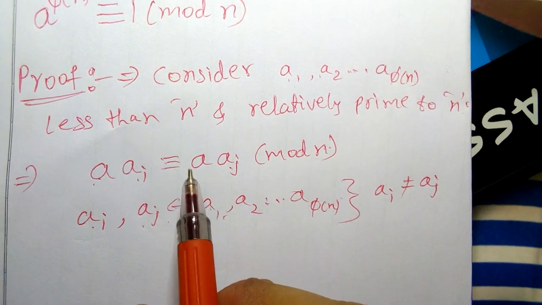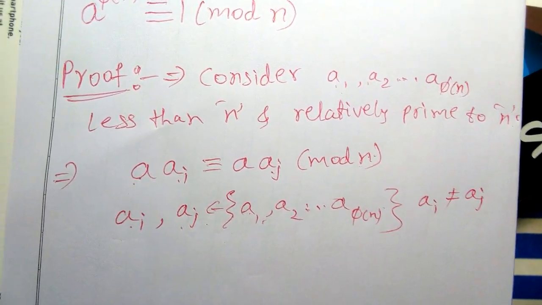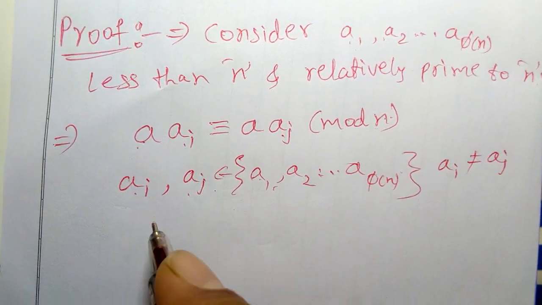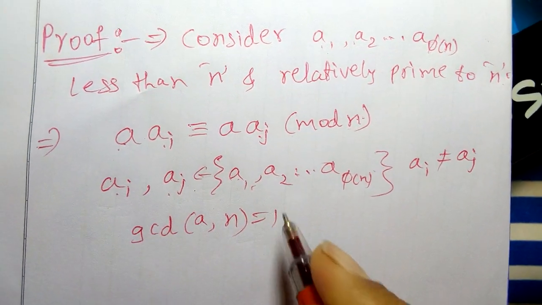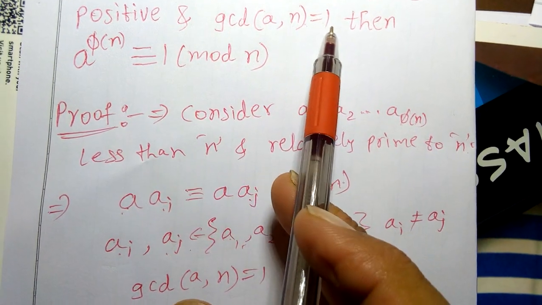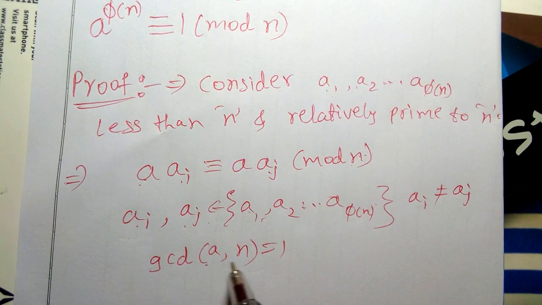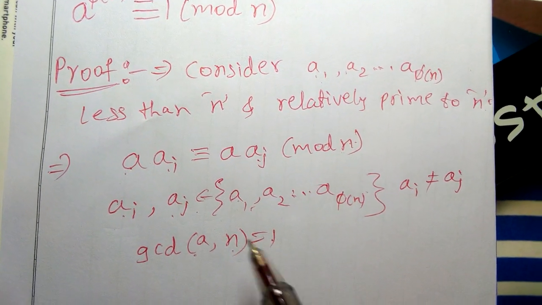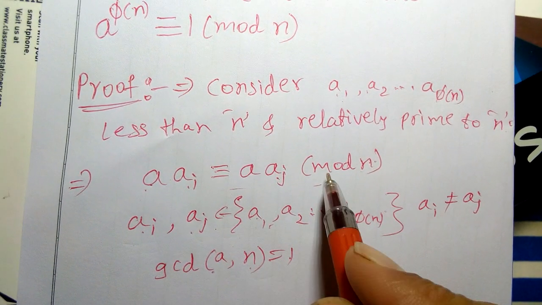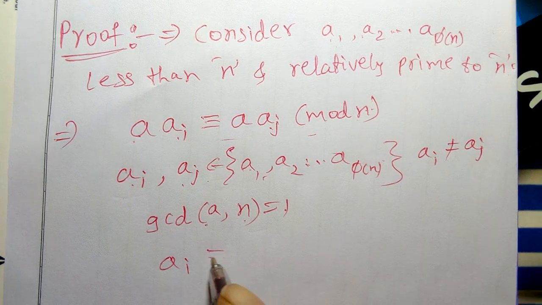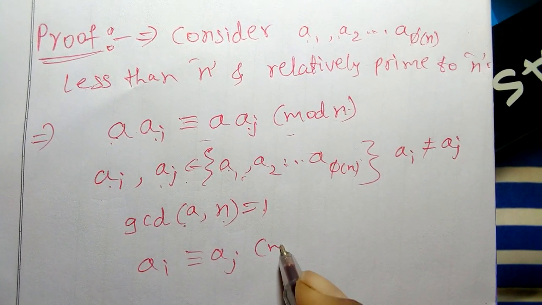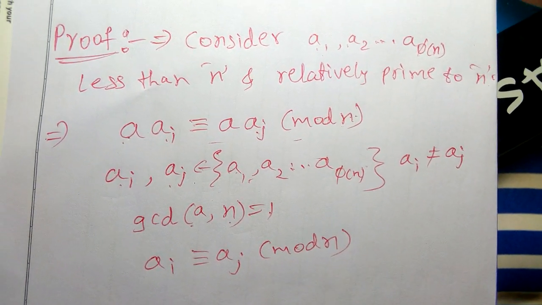But this is not correct. It is given that GCD of a and n is equal to 1, so this congruence relation can be written as ai and aj are congruent mod n.